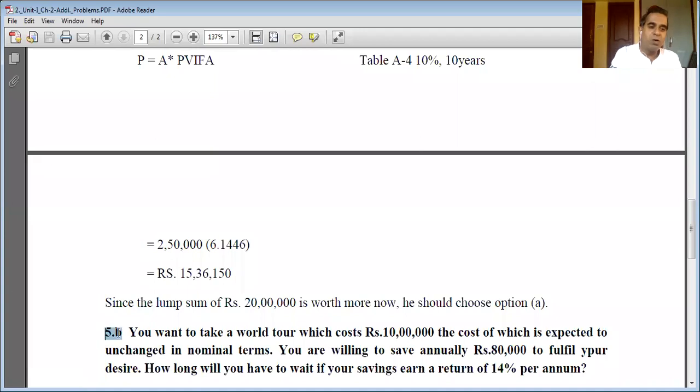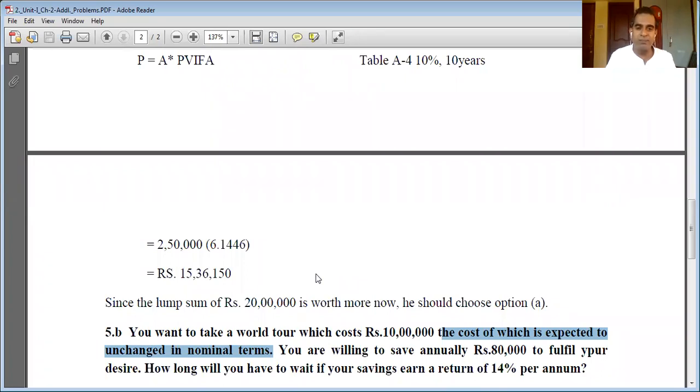5B means it is from an old question paper. It is for you, the students who are going to solve the problem. You want to take a world tour which costs 10 lakh rupees, the cost of which is expected to be unchanged in nominal terms.